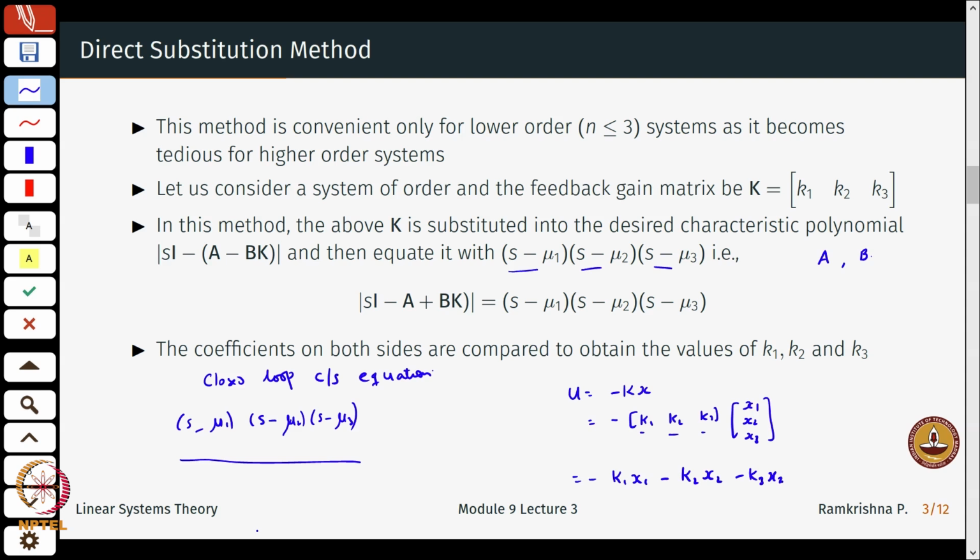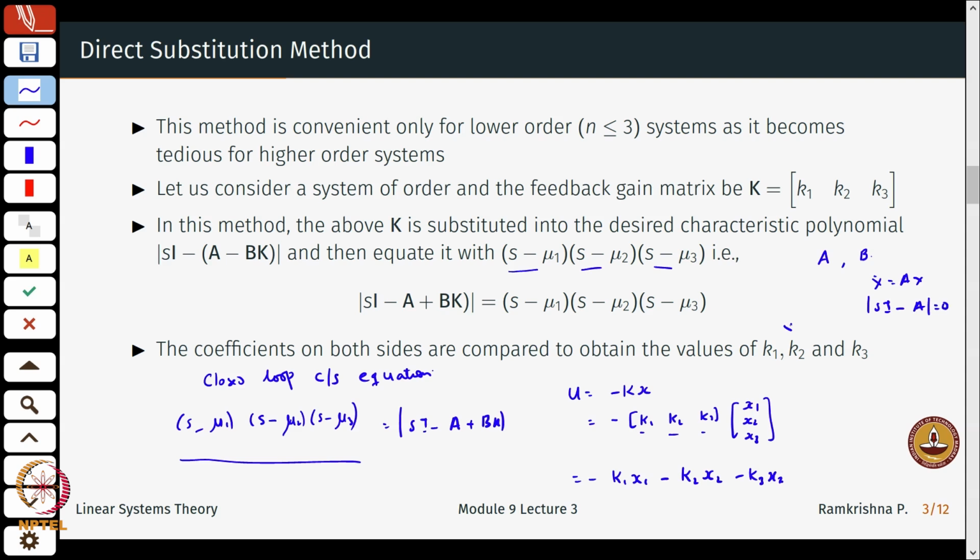Now, what is the characteristic equation of the closed loop system? That will just be the determinant of sI minus A plus BK. Where does this come from? If I just look at x dot equal to Ax, the characteristic equation is of the form sI minus A equal to 0.